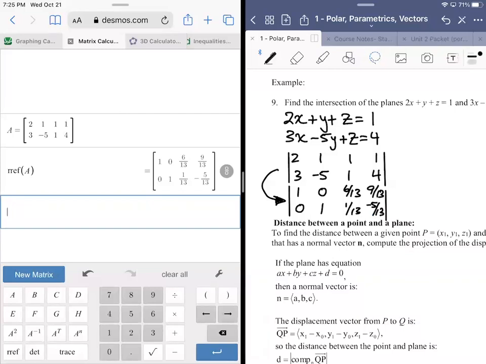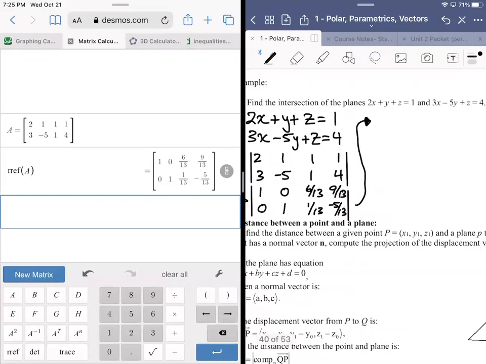The linear algebra people know exactly what I'm talking about, but I want the nonlinear algebra people to know too. Since this follows the format of coefficient x, coefficient y, coefficient z, and then constant, we're looking at 1x plus 0y plus 6 13ths z is equal to 9 13ths.